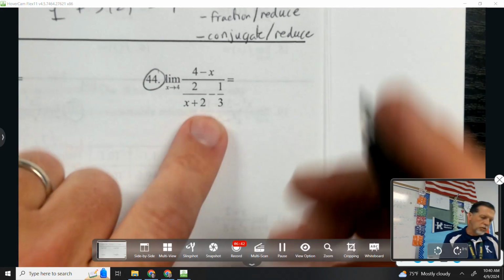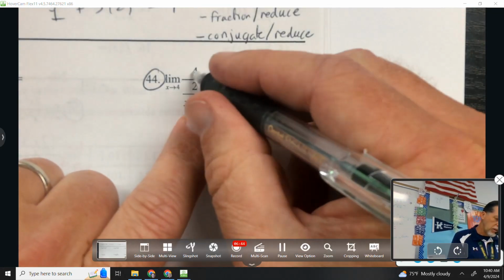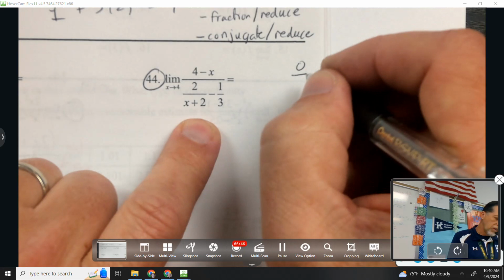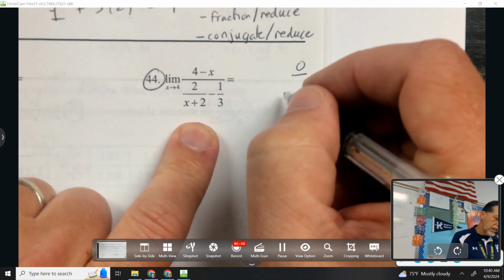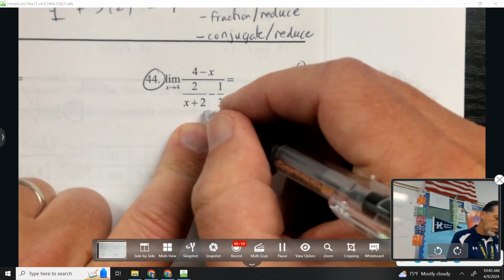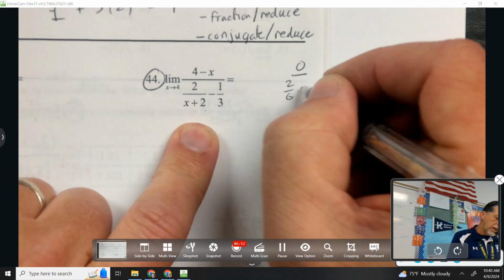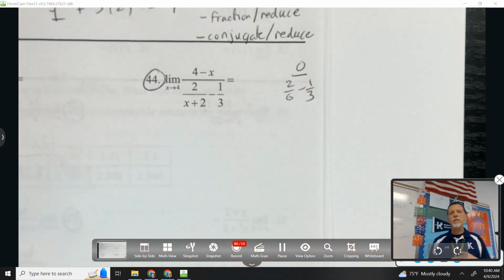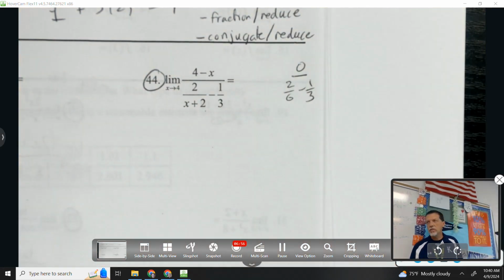Okay, I suppose we should verify that we get 0 over 0. 4 minus 4 is 0. And then 2/6 minus a third. Yeah, that's a third minus a third. So I'm headed to 0 over 0. So I've got to do one of the tricks on that one.